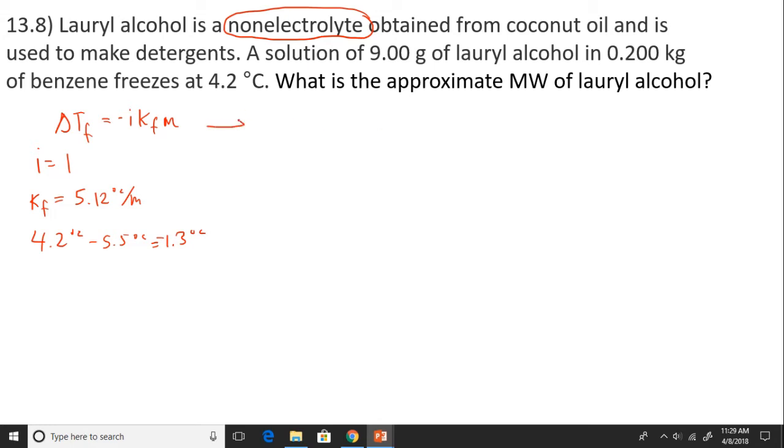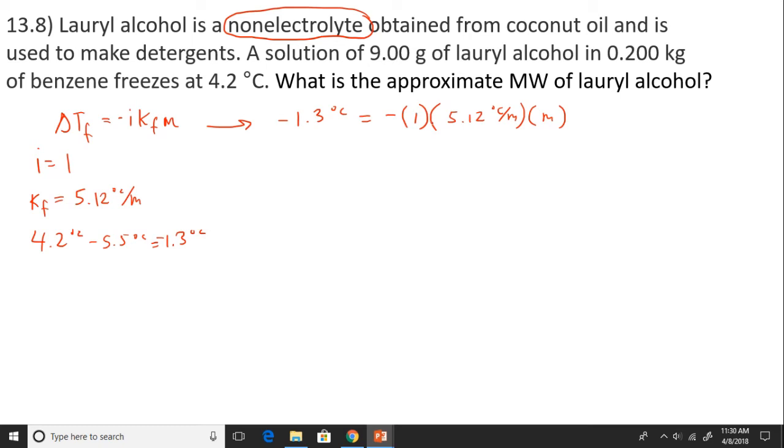So let's plug in what we have into the equation. Negative 1.3 degrees Celsius equals a negative 1 times 5.12 degrees Celsius per molal times our unknown. We don't know the molality of this solution.